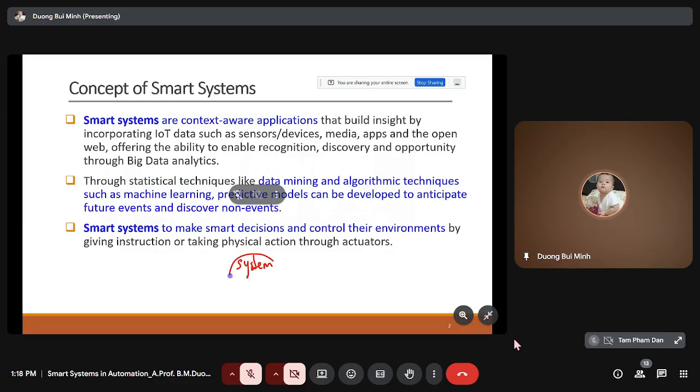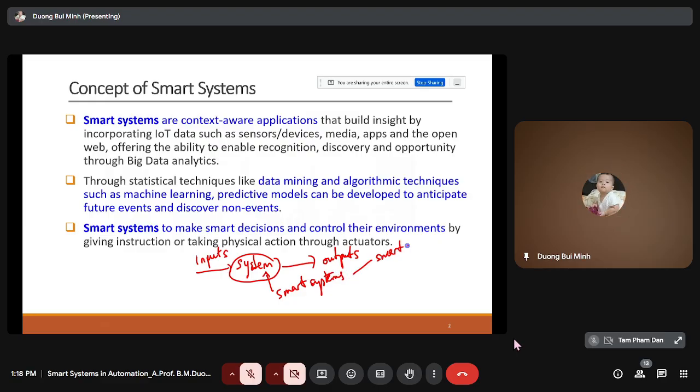We should have input and output. Every system has input signals and output signals. So this is a system. Smart systems include smart devices.